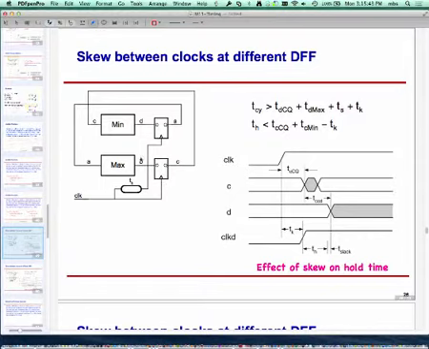What if it was the other way around? Let's say this additional delay, instead of being on the path to the top flip-flop, was for the bottom flip-flop. Would it be beneficial? Would it hurt? Let's imagine the situation where this guy was out here. What if the bottom flip-flop had the skew? That is, it received the clock edge later.